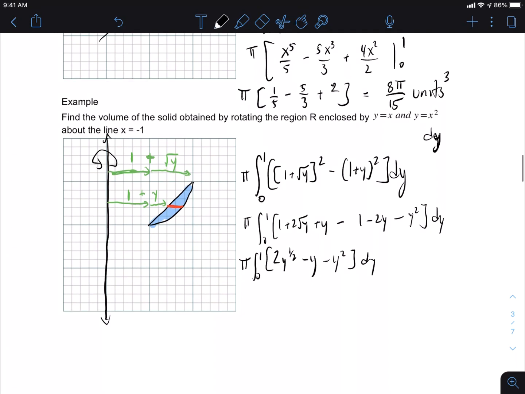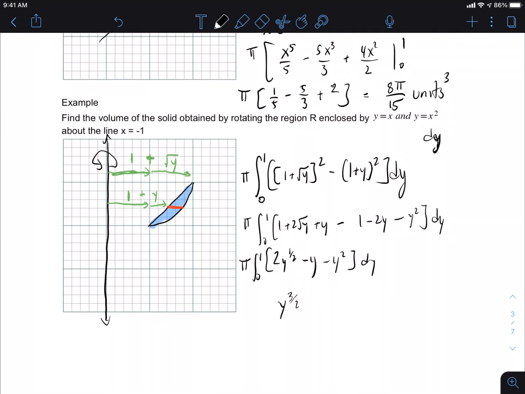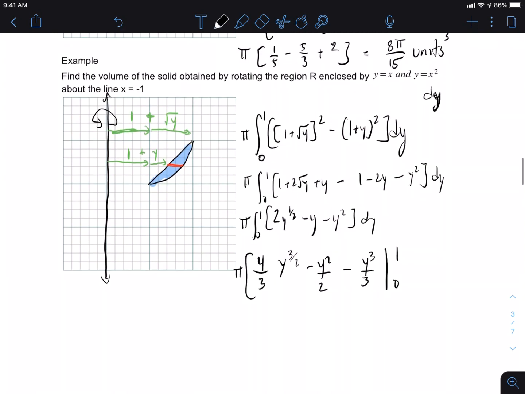So now when we integrate y to the 1/2, we should get 4/3, don't forget pi's out front, minus y squared over 2 minus y cubed over 3, evaluated from 0 to 1. Are we in agreement? Yes. So I should get pi times 4/3 minus 1/2 minus 1/3, and that is 1 minus 1/2, which is pi over 2 units cubed.